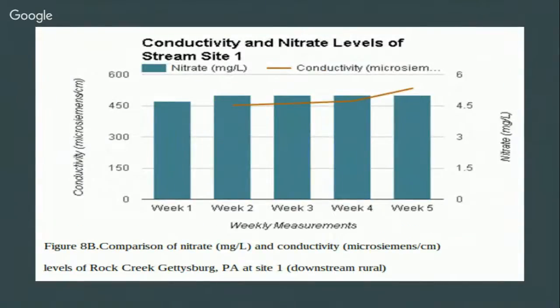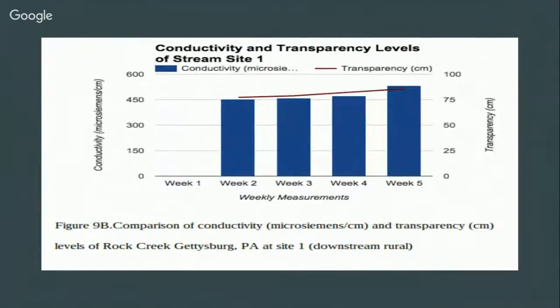In this comparison graph of nitrates and conductivity levels of Rock Creek at Site 1, as the nitrate levels increase, so does the conductivity for all sites. In this comparison graph, the conductivity and transparency levels of Rock Creek at Site 1: as the conductivity decreased, the transparency increased for all sites.